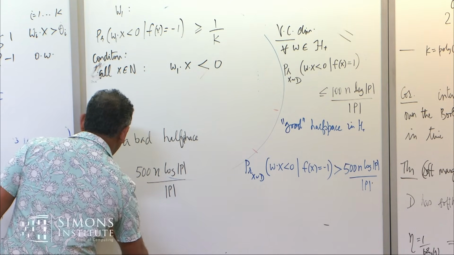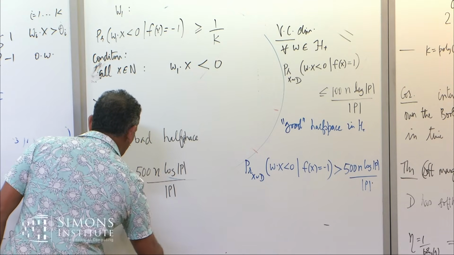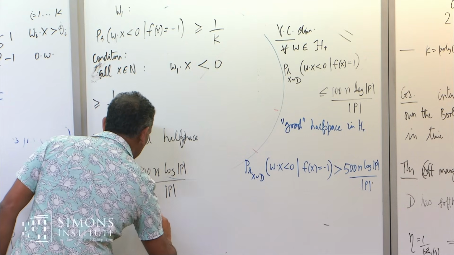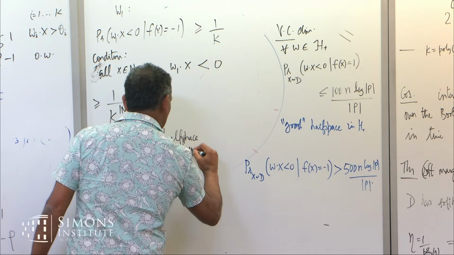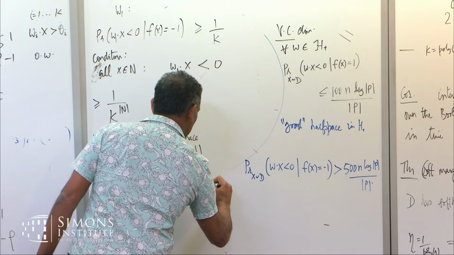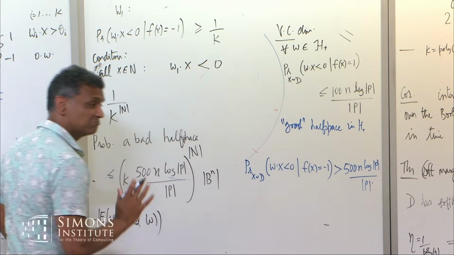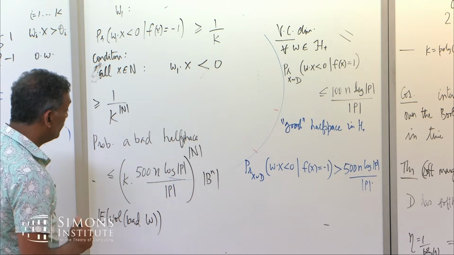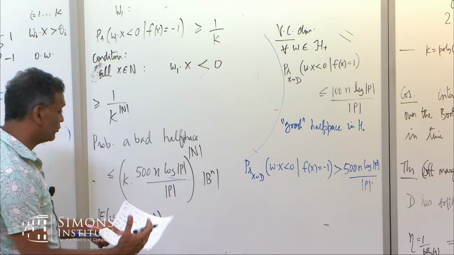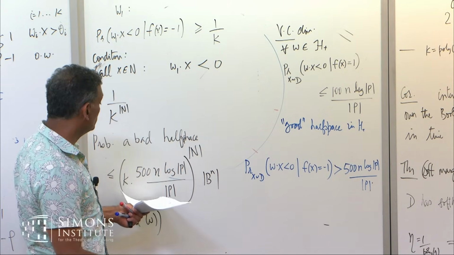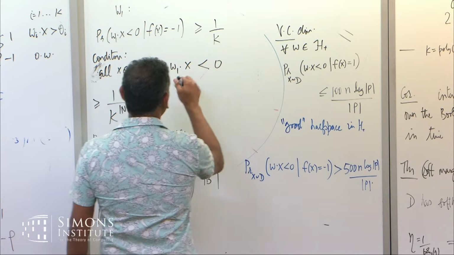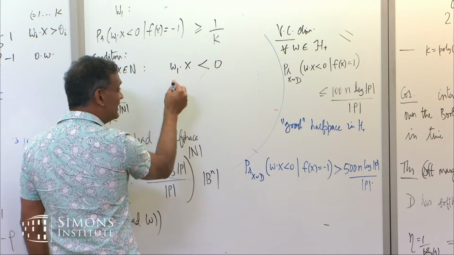So the expected volume of bad W is at most this to the power of n times the volume of the ball, the unit one. Meanwhile, what's the volume of good half spaces? Once I make this comparable to good, I'm in great shape. I pick a random one, it's going to be. What's the volume of good half spaces? Well, we know this one is good, but not only this, it has a margin.